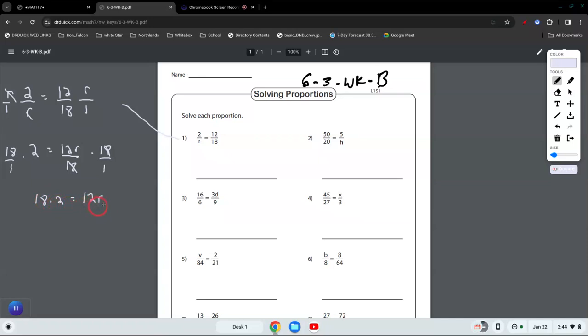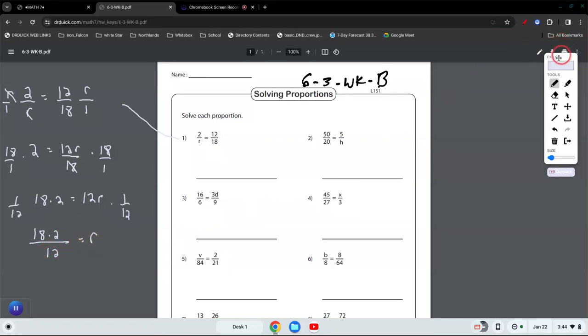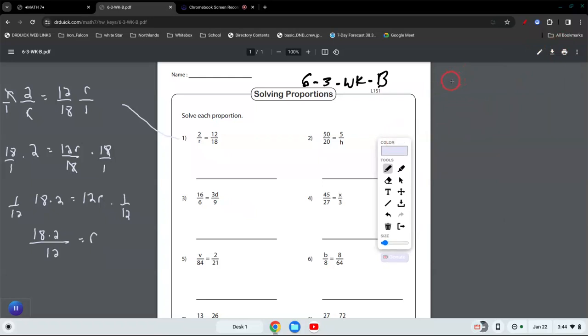The next step is I'm going to multiply this by 1 over 12. Right? Multiply this by 1 over 12. I get 18 times 2 over 12 equals r. Now, I'm going to move this to this other side over here for this next part because it's kind of different. I'm going to break this apart in factors.